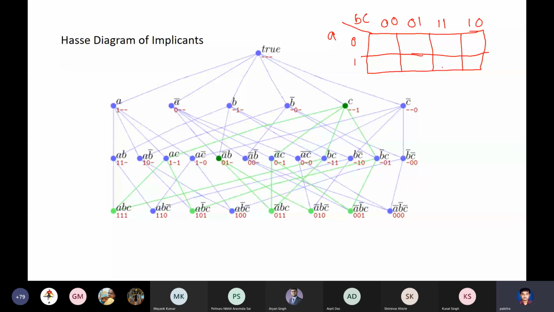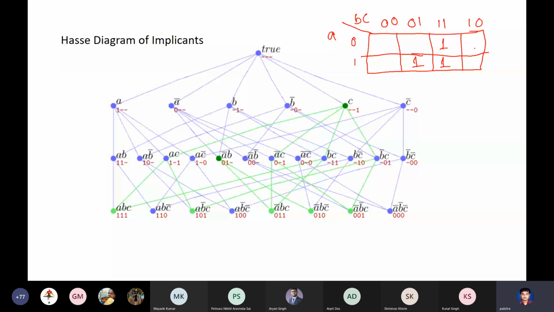A B bar C is this. A bar BC is this. And A bar B C bar is this. And A bar B bar C is this. This is my Carnot map.